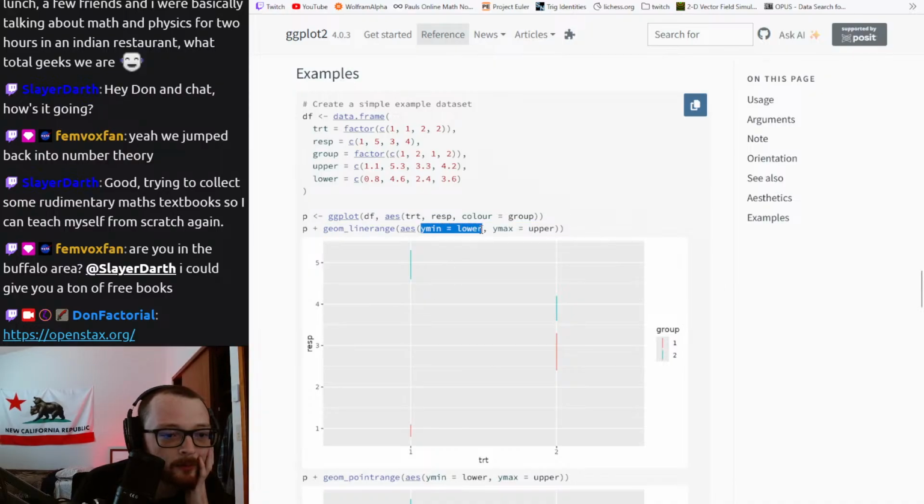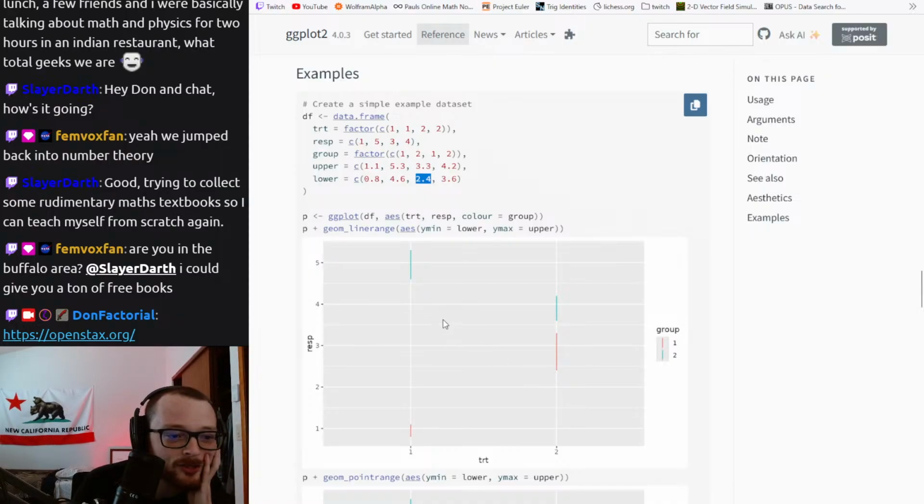So Wyman is lower. The first lower is 0.8. That could be about 0.8. The next one is 4.6. That looks like 4.6. Oh, okay, maybe we're piecing it together. The next one is 2.4. That looks like 2. Really?